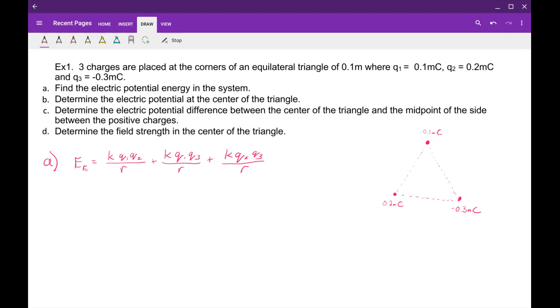The energy that the three particles currently have due to the fact that they're close to each other. Some of this energy would be positive and others would be negative.